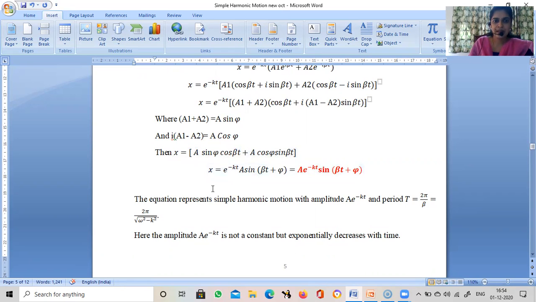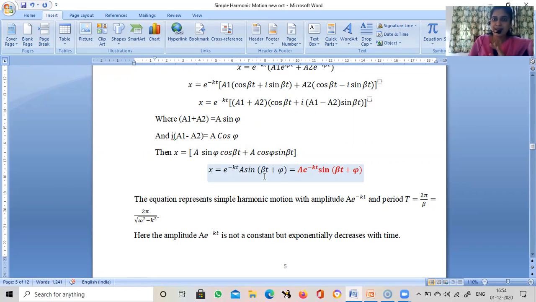Or x is equal to e raised to minus kt into, see this, a can be taken outside, then inside the bracket we have sin phi cos beta t plus cos phi sin beta t. It is of the form sin beta t plus phi. We know that sin a plus b is sin a cos b plus cos a sin b.